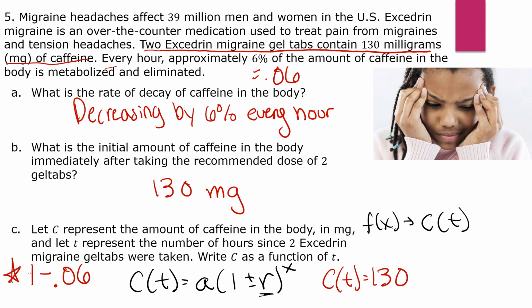So in the parentheses, that will give you 0.94. And then we're raising this, and we're not using x, sorry, we're going to be using t, because t is representative of our time. If this were an increase of caffeine, then we would do 1 plus the rate. But since we're decreasing and we're taking away that 6% every time, we want to do 1 minus the rate. All right, so this is our final answer.